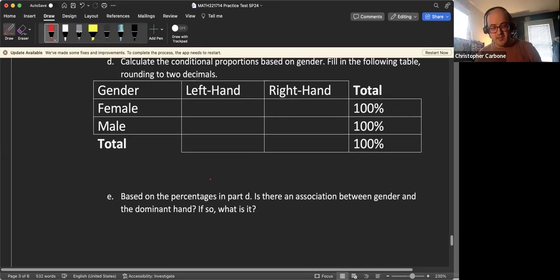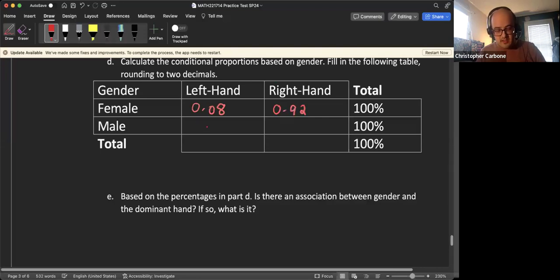So for the left-handed females, in this particular case, dividing by that value of 48, rounding to 2 decimals, 0.08. For right-handed females, 0.92.